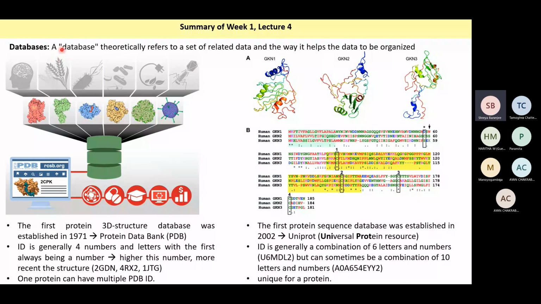Then you had learned about two different databases. A database theoretically refers to a set of related data and the way it helps the data to be organized. So for protein 3D structures, the first database established in 1971 was called Protein Data Bank, or PDB, where from all areas of the world, proteins of different structures were being deposited.